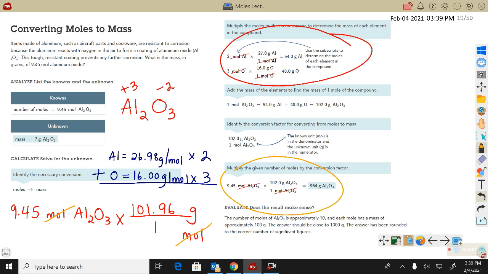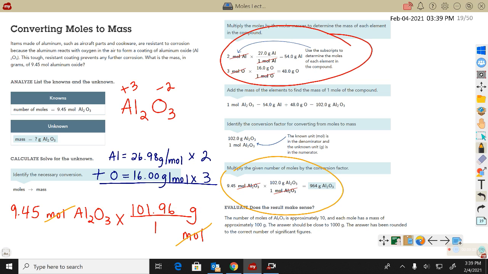I'm doing the same thing as what they got. I'm going to multiply 9.45 times my 101.96, or they used 102. And so we're a little bit less than 1,000: 964 grams of aluminum oxide. Now, it's always good to check your final answer and see if it's reasonable.